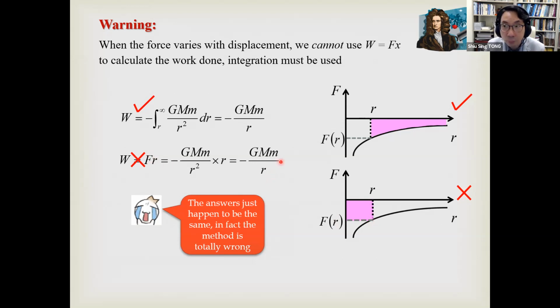So this is totally wrong. So don't write this in your final exam. Otherwise, I will simply put a cross in your marks. The answer just happened to be the same, but the method is totally wrong. So always resort to the integration here. So I better stop.